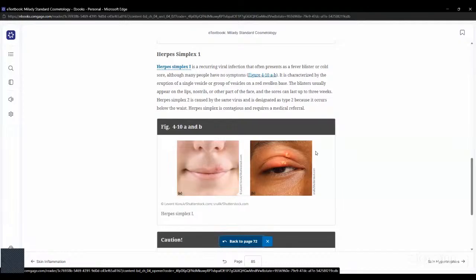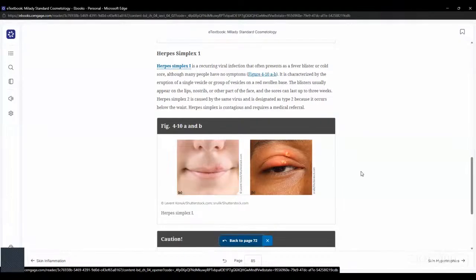So on your consultation form, you can have herpes simplex. A client could mark it, yeah, I have it, but you don't know which one. All right, so you need to put 1 and you need to put 2. And remember, 2 is found below the waist. Same virus, but mostly it's sexually transmitted.